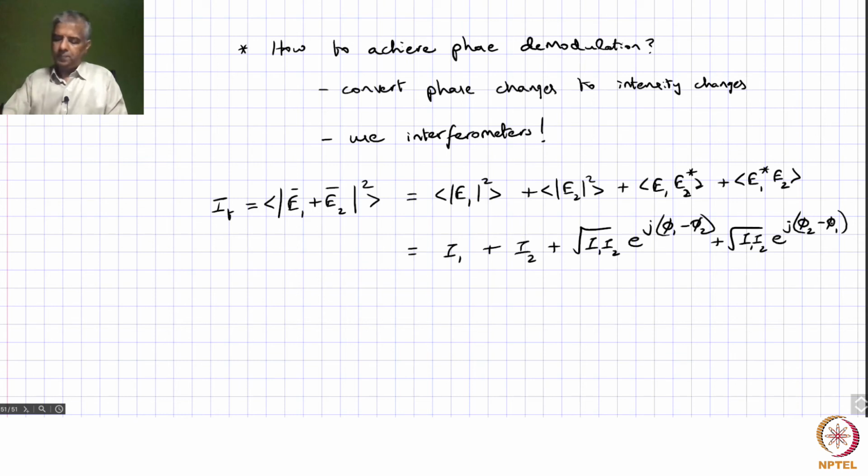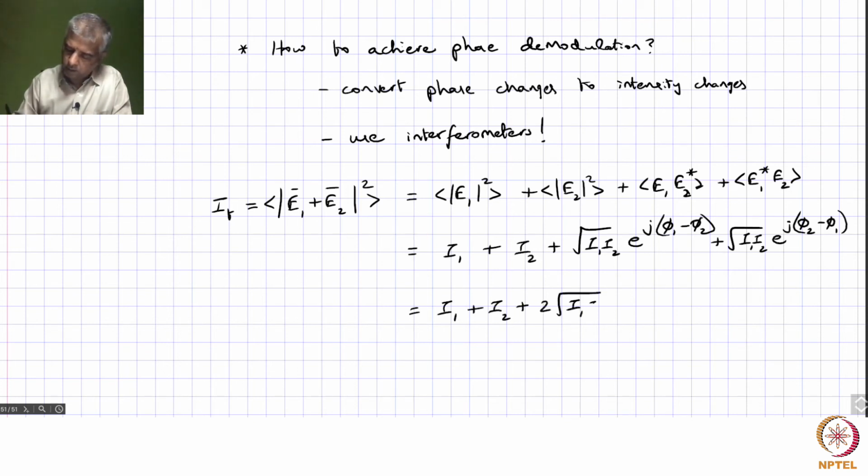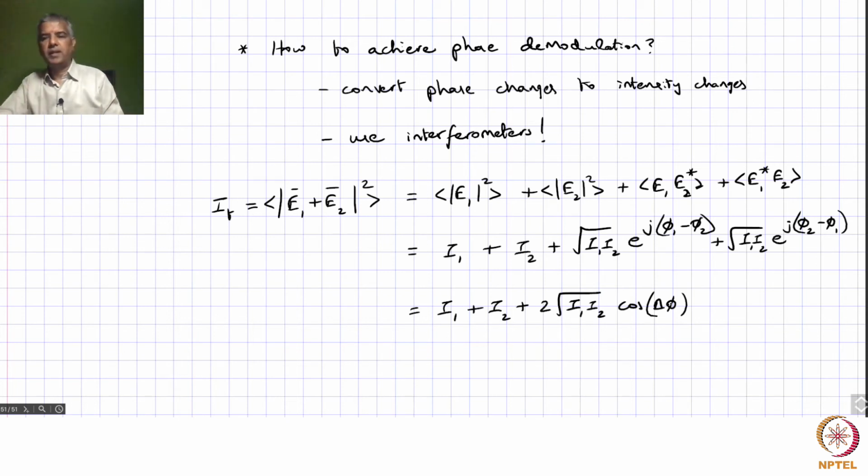Of course, we can take the root as common, and when this is like e power j theta plus e power minus j theta, we know it corresponds to 2 times cos of theta. So, we can write this out as I1 plus I2 plus 2 root I1 I2 cos of delta phi, where delta phi corresponds to phi 1 minus phi 2.